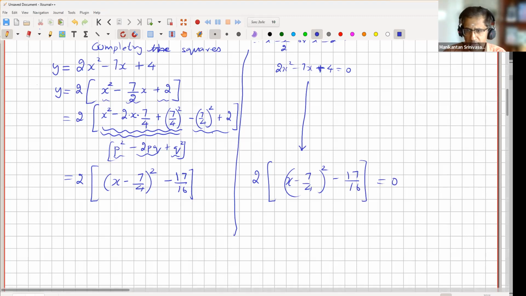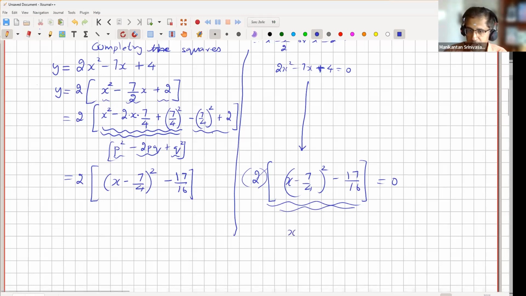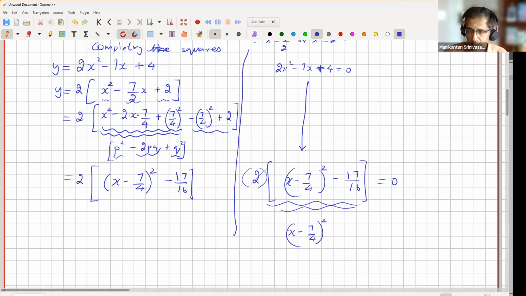Okay, so now while solving this, 2 is a separate multiplicative unit. This entire thing is a separate multiplicative unit. So we can say the solution for this is either when 2 equal to 0, which we know is not going to happen, which is why the 2 does not even matter, or when this guy is equal to 0. And when is this guy equal to 0? When x minus 7 by 4 whole square equal to 17 by 16.